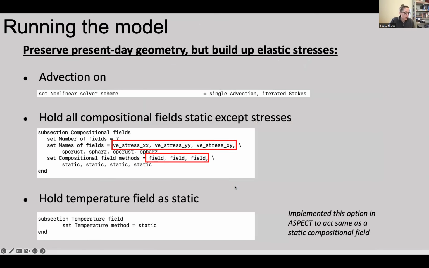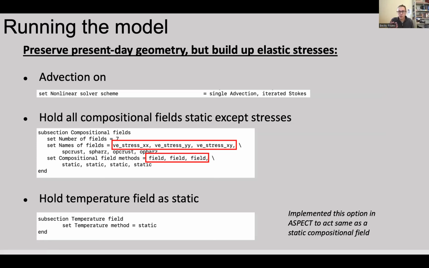Okay. So as I said, running the model, we have this challenge of wanting to keep that present-day geometry that we just built, but also build up elastic stresses. And so the way that we're doing that is we have advection on, but we hold all the compositional fields static except for the stresses. So the stresses are tracked as compositional fields.